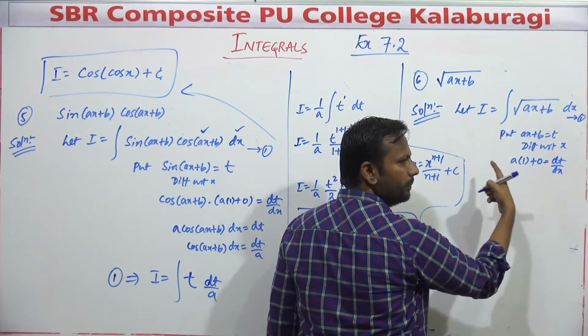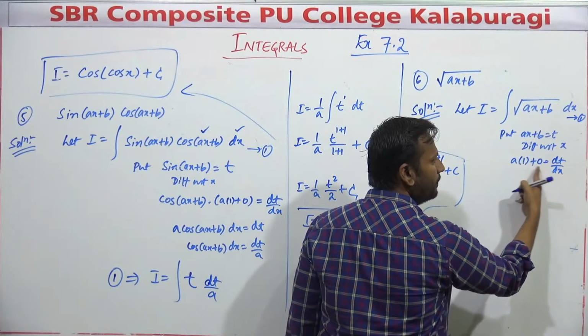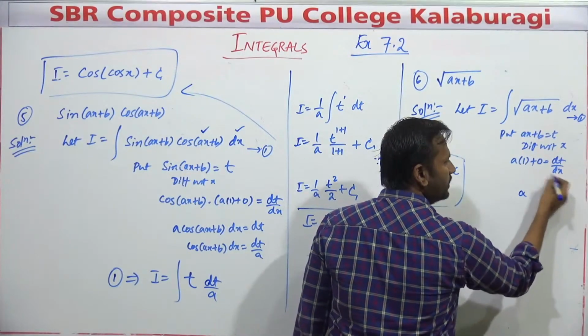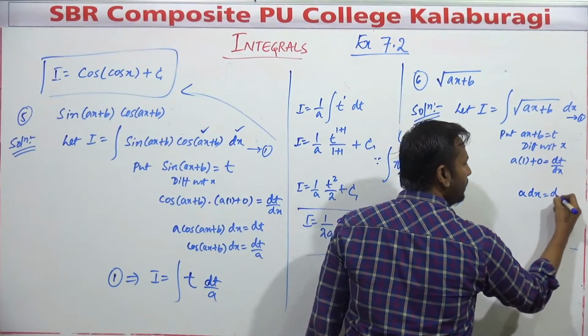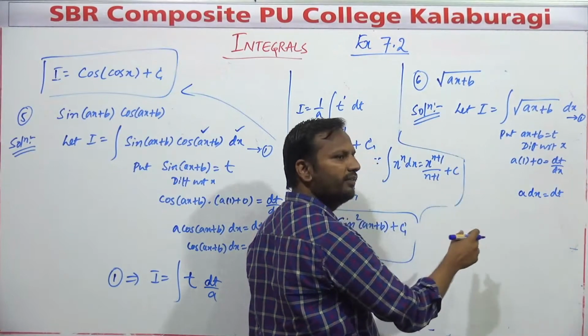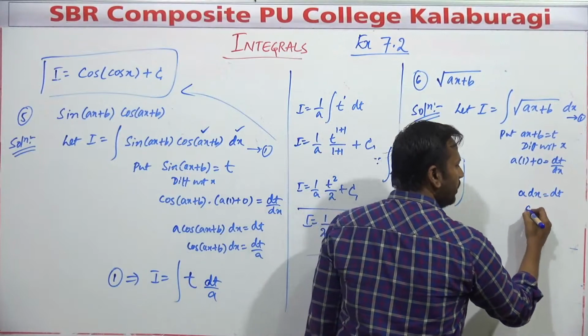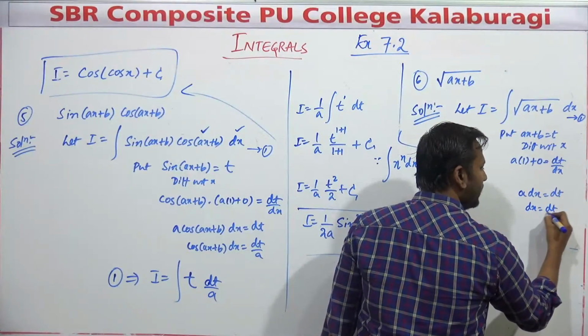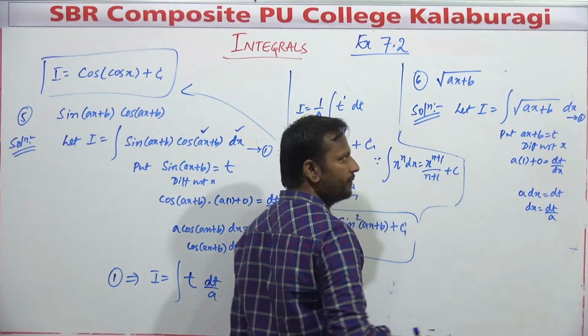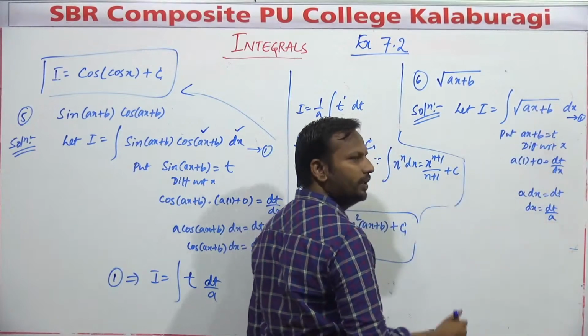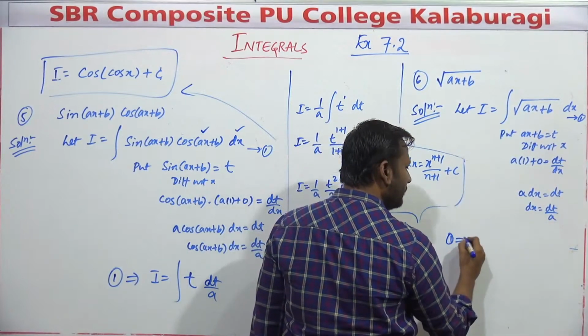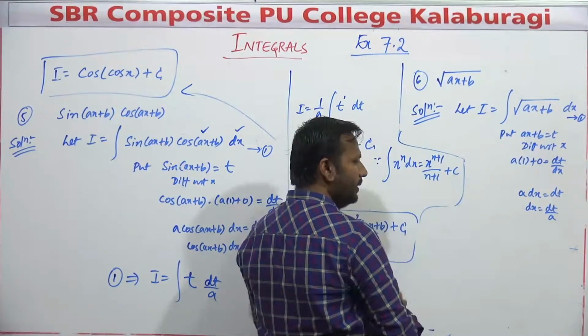Cross multiply dx: a into 1 is a plus 0 is a, so a dx is equal to dt. I told you only x factors should be on the left-hand side. Everything else, send back to the right-hand side by cross multiplying. Substitute all these things in equation 1.